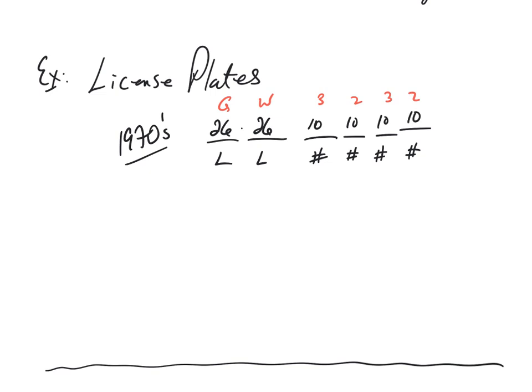Now what the fundamental counting principle says is, if you have 26 ways you can pick the first letter, 26 ways you can pick the second letter, and then 10 ways in which you can pick each of the numbers, we multiply those together to get the total number of possible license plates that the state of Minnesota could create. Back in the 1970s, they could create 6,760,000 license plates, if there were no restrictions on which letter or number combinations you could use.